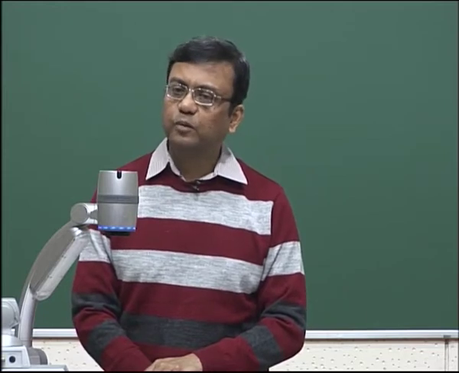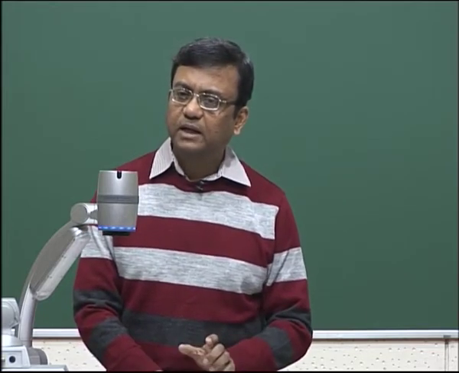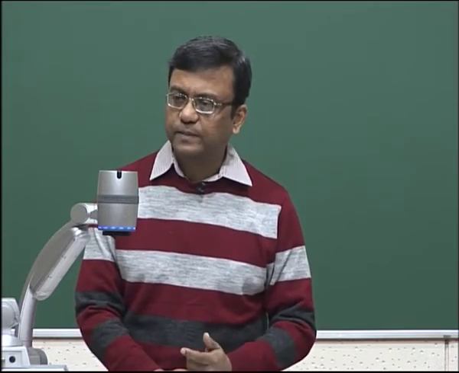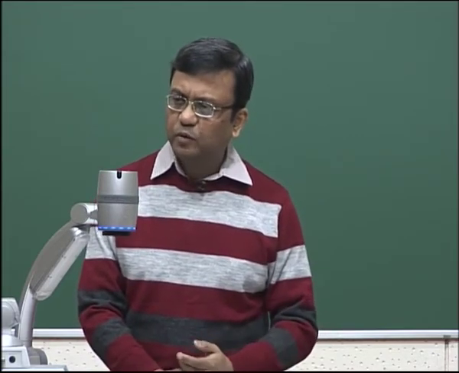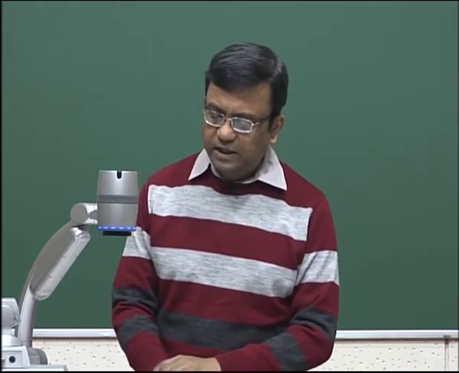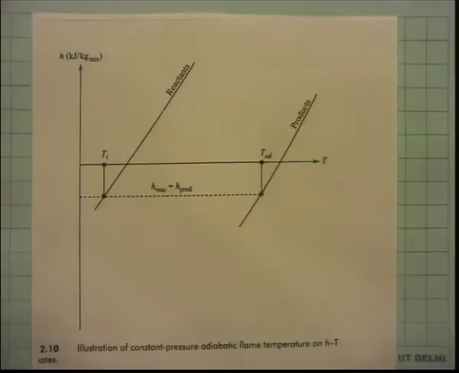If they are not equal, then you have to make an intelligent guess as to what the next guess temperature will be, and keep doing it a few times back and forth, and then ultimately you will arrive at a value of T adiabatic for which the product enthalpy will be equal to the reactant enthalpy.